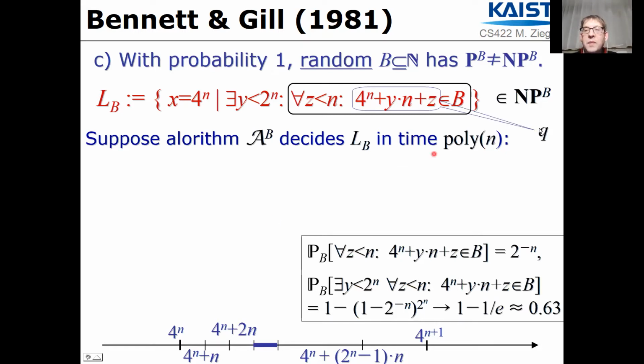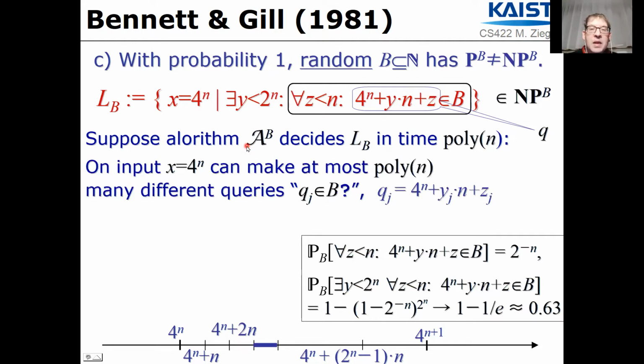So let's call this the query Q, the kind of query that the purported algorithm in our indirect proof makes. And let's consider what that algorithm makes on input 4 to the n. It can make at most polynomially many such queries, which we can, without loss of generality, suppose to have this form, because this is a unique decomposition here, right?